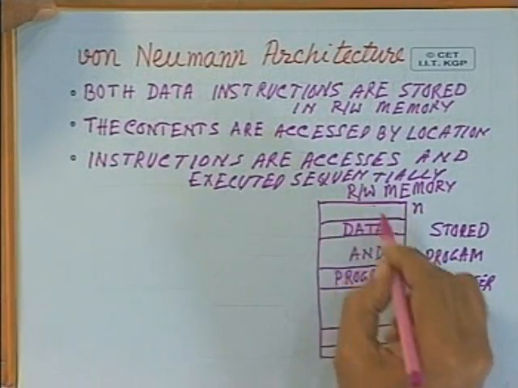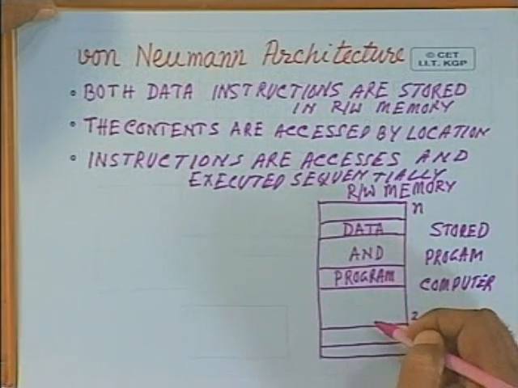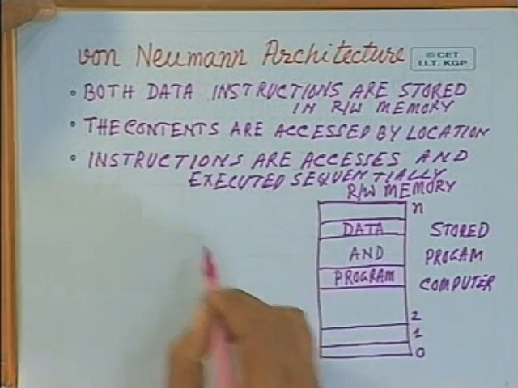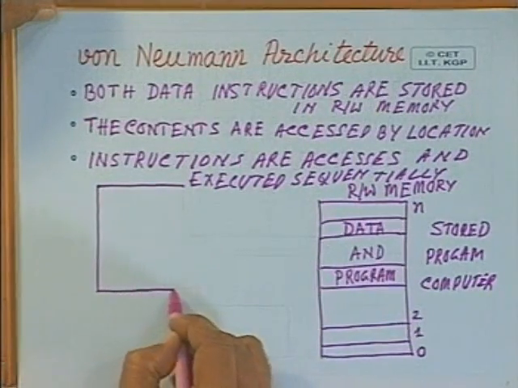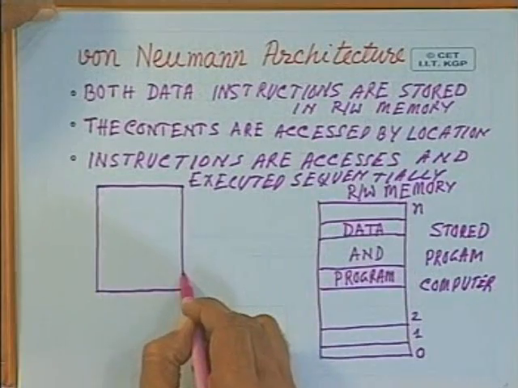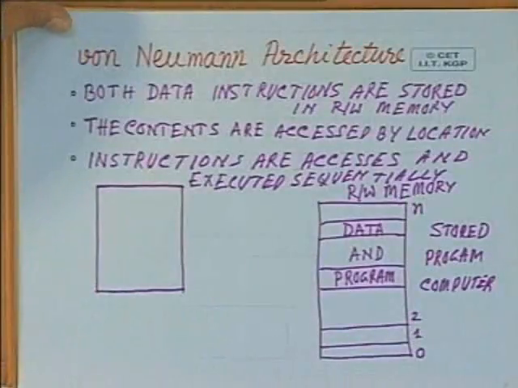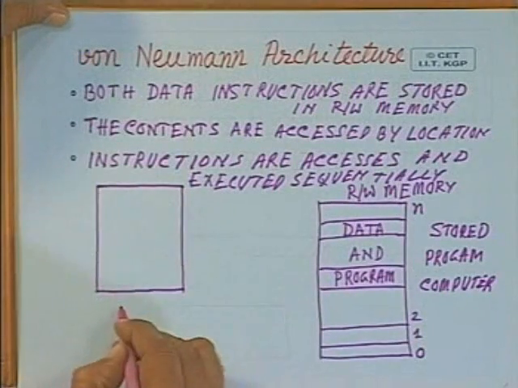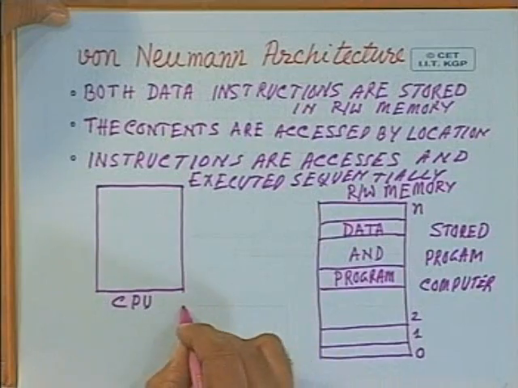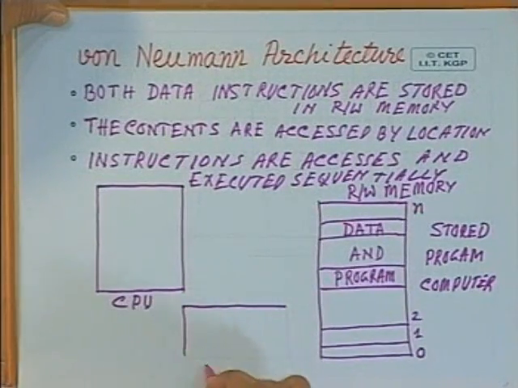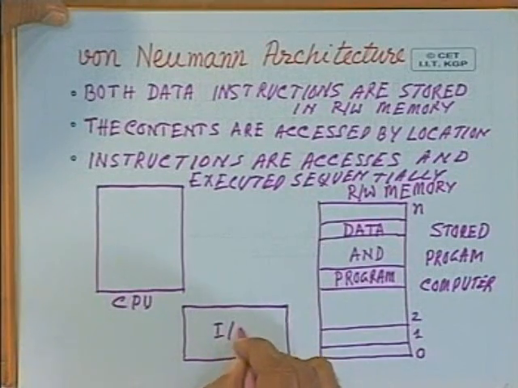Now, in this memory we will be storing data and program. How will they be executed? You will require a subsystem, as I have already mentioned, the CPU. This is the CPU, and also you will require various input output devices or peripherals.